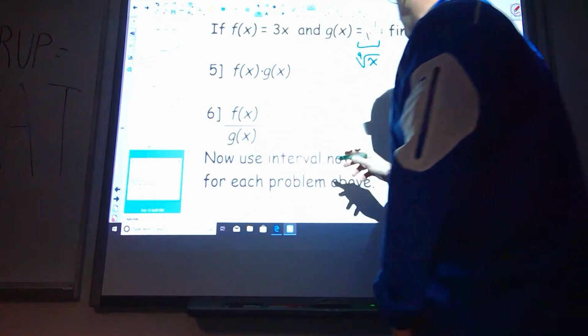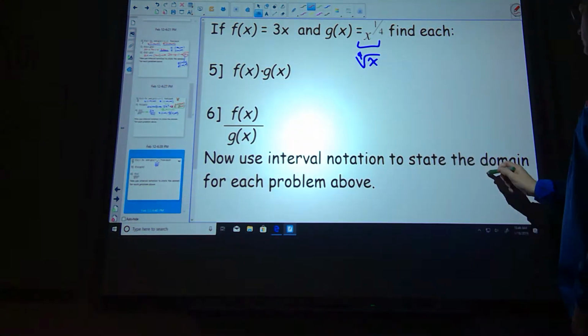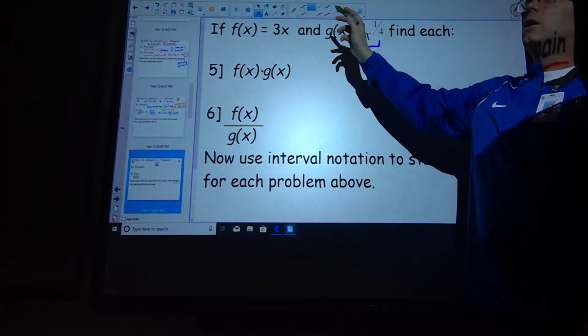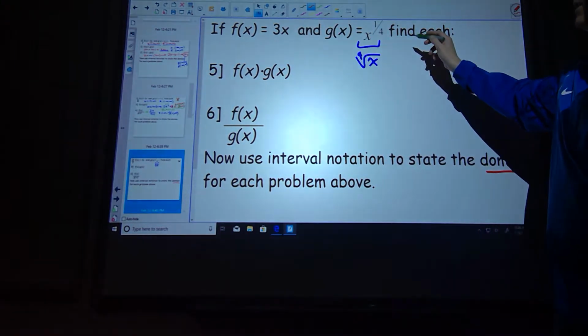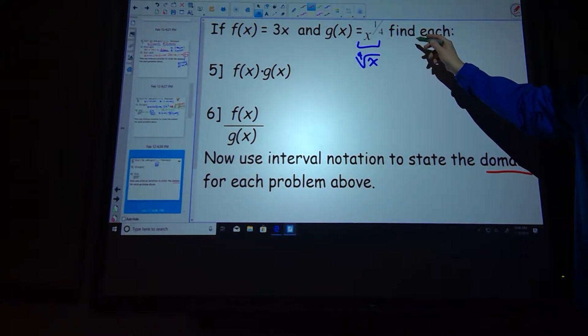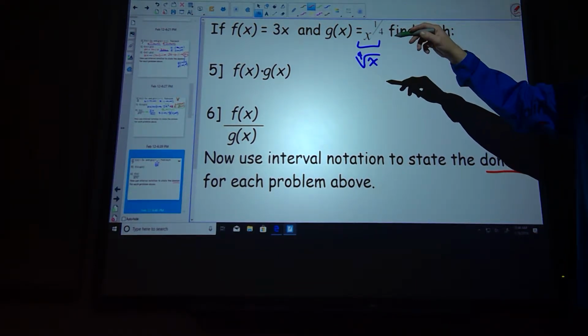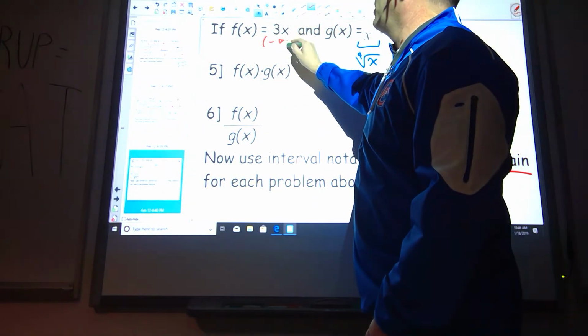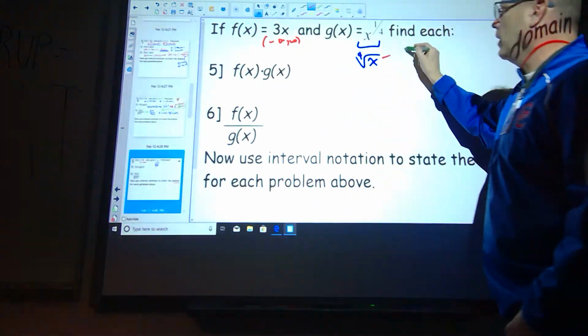All right, domain, let's just look at the domain. We just want a domain right now. Is there anything between these that is restricted? 3x, I can plug anything I want in. Agreed? So the domain here is negative infinity to positive infinity. What's the domain here?